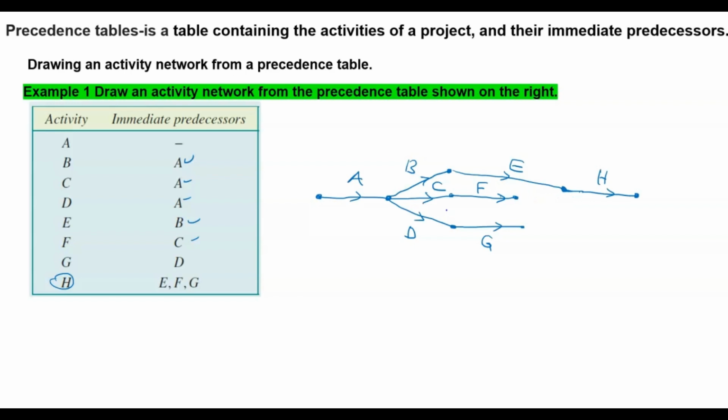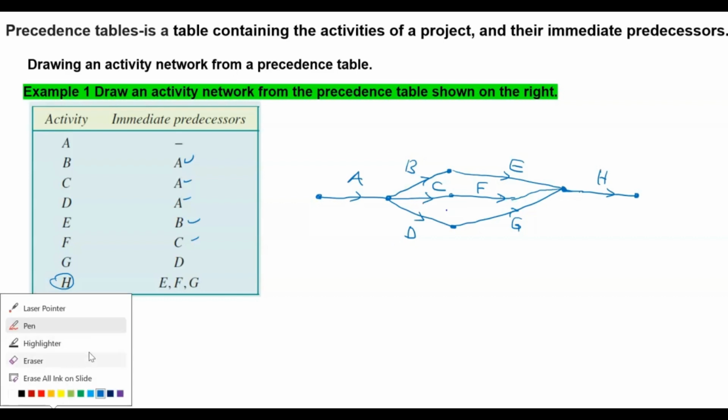So we also have to get rid of G. And we extend F. That was activity G. And this is activity F. Oops, you just make it more straight.